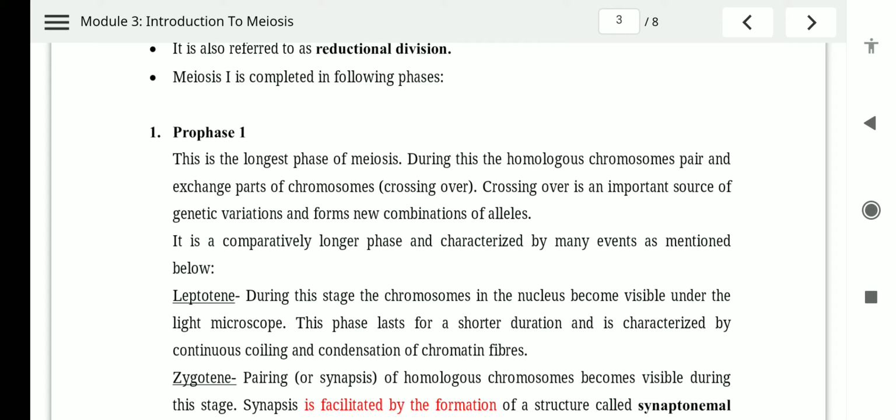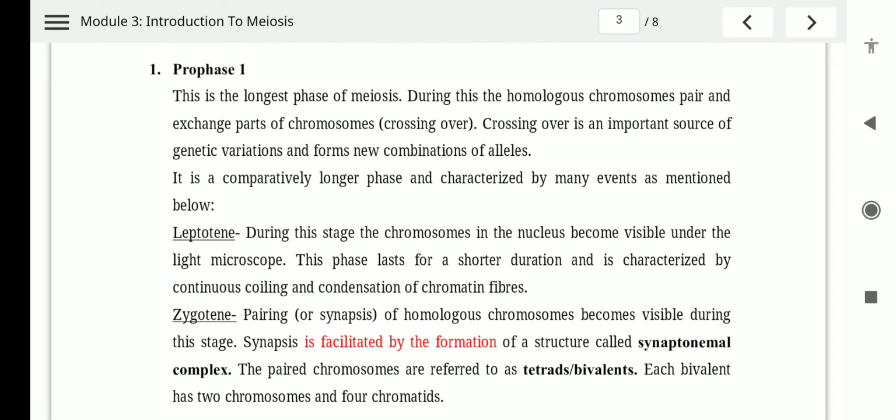It is a comparatively longer phase and it is also divided into 5 phases. The first phase of prophase 1 is leptotene. During this stage, the chromosomes in the nucleus become visible under the light microscope.